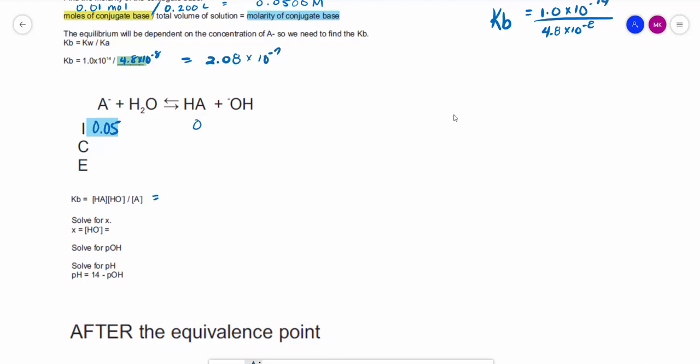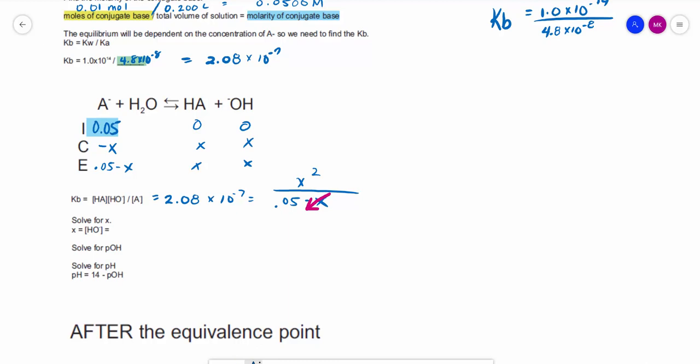Now I have no HA and no OH minus at this point, but I will reestablish this equilibrium. And when I do so, these are going to be my concentrations. So I need to put everything into my Kb expression, which will end up being x squared over 0.05 minus x. Now, because my initial concentration, 0.05, is more than 1,000 times different than the Kb, I can simplify this.